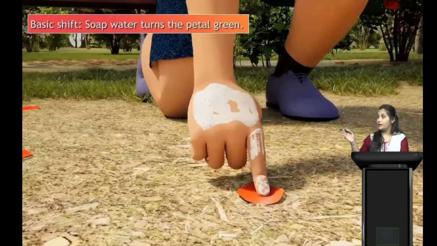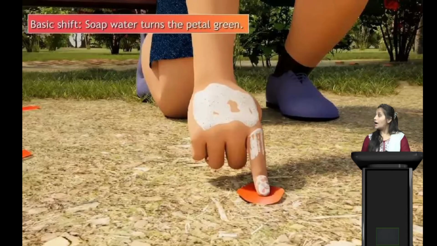Soap water turns the petal green. Why basic shift? Because we know soap is a what? Acid or basic? Very good. Soap is a basic. So it says the basic shift, the soap water turns the petal green. As soon as he touched the petal with his soapy hand, this petal converted into green color.